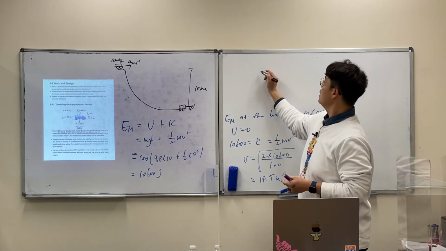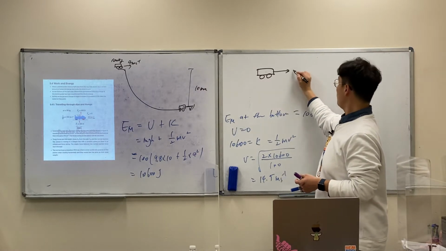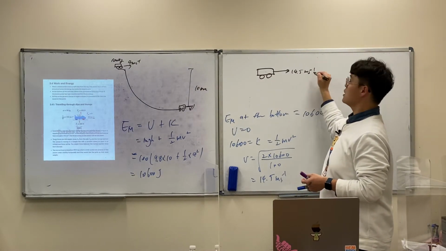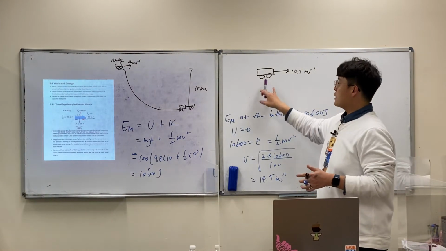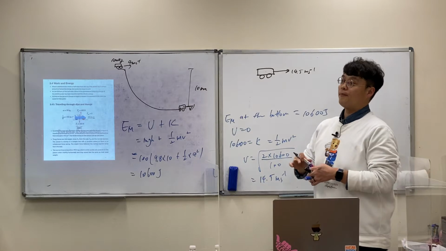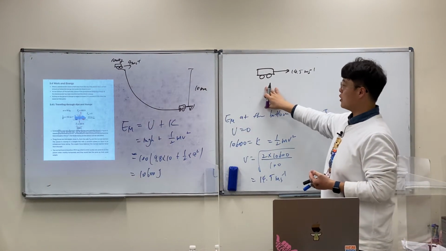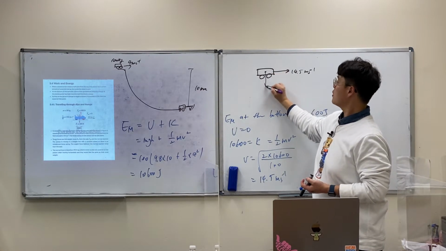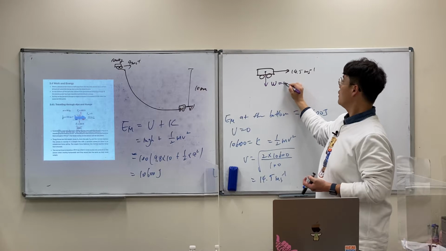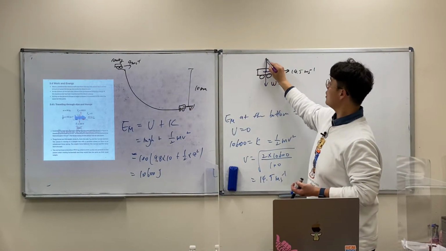So I draw the trolley at the bottom like this, going at 14.5 meters per second. What are the two forces acting on this trolley, Minchen? From the center going down, there is the weight, mg, and the normal reaction force going up.